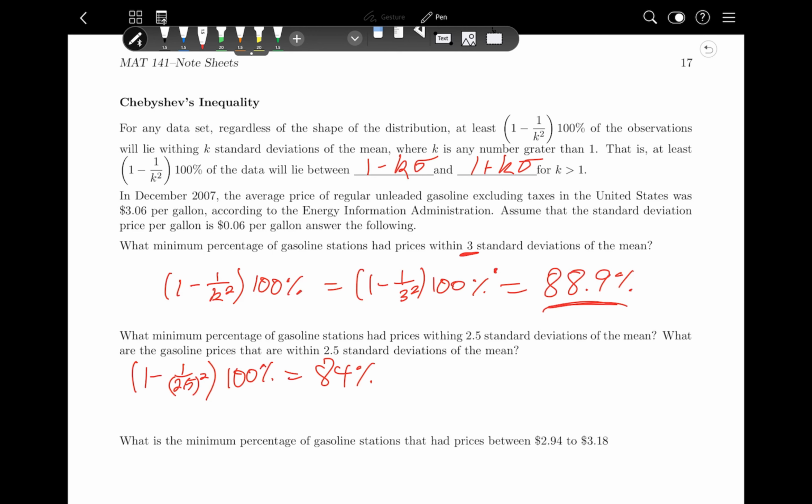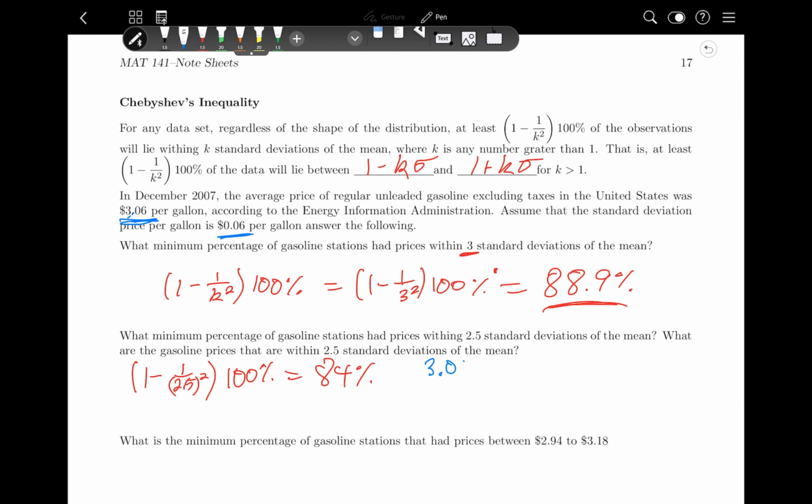So what are the gasoline prices that are within 2.5 standard deviations of the mean? Well, within 2.5 standard deviations of the mean means either minus that or plus that. So it's going to be the mean, which in this case is $3.06, and the standard deviation is 0.06.